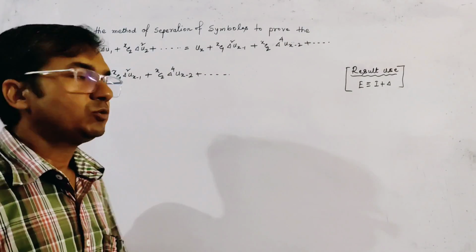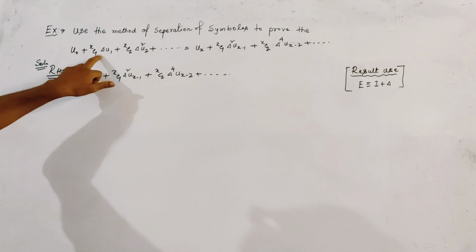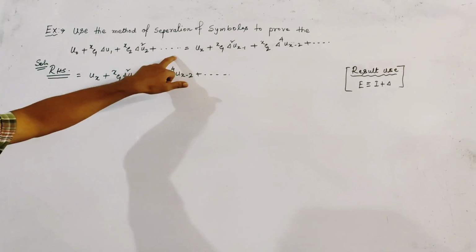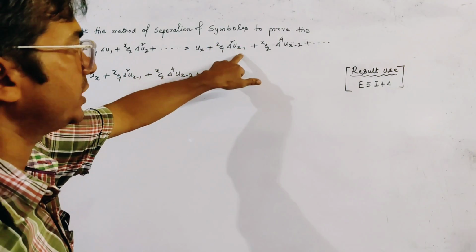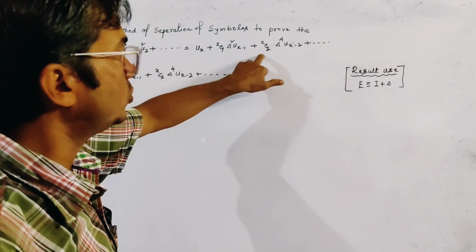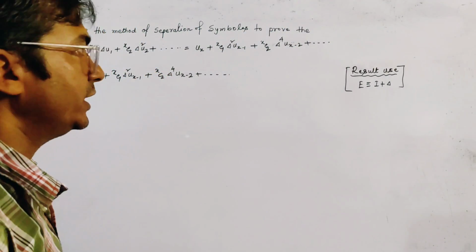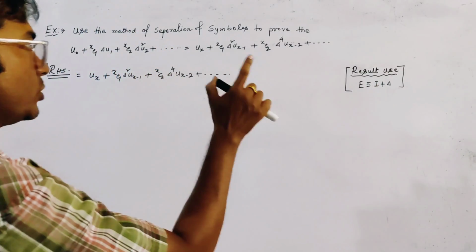In the second relation, we have to prove u0 plus xC1 Δu1 plus xC2 Δ²u2 and so on is equal to ux plus xC1 Δ²u(x-1) plus xC2 Δ⁴u(x-2) and so on. Here also we use this relation, and we start from the right side.